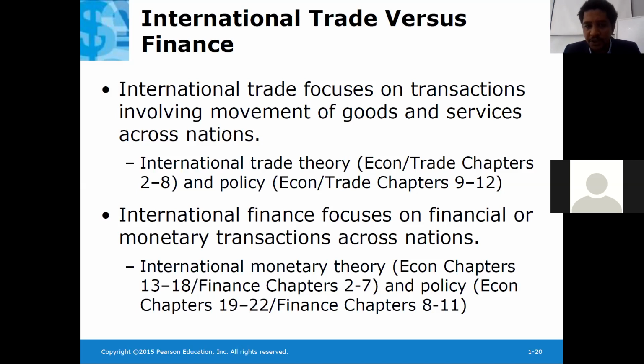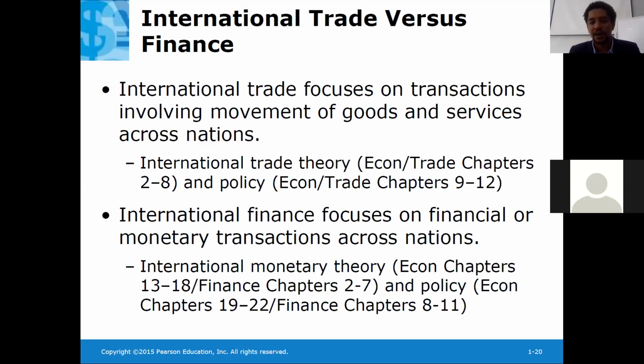In international trade theory, we'll talk about chapters 2 to 8. We'll be focusing on this, and international finance issues will also be talked about in detail in chapters 2 and 7, and also in 9 and 10.